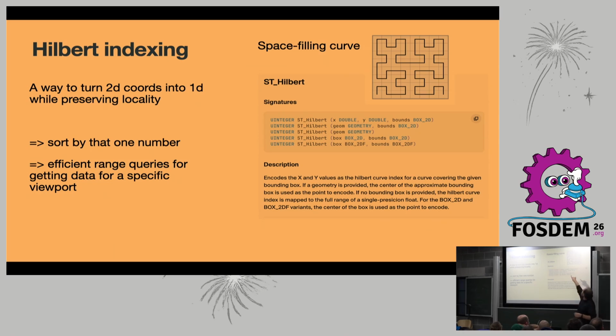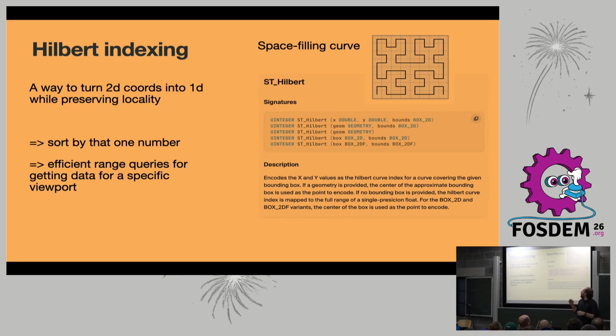Basically, you draw a curve which fills the entire 2D plane. And then at every junction, you put a number, 1, 2, 3, 4, and so on. This number is the index, which you can then put in your column. This way, you reduce two dimensions, x and y, into a single index.